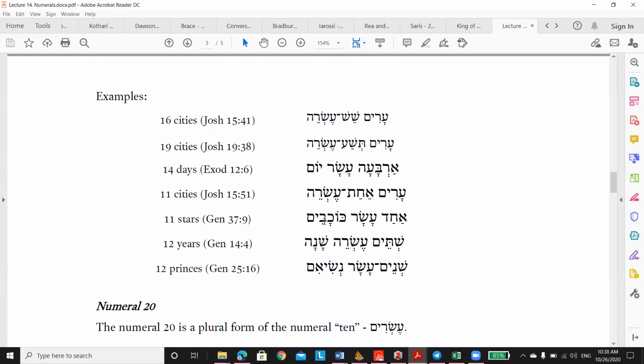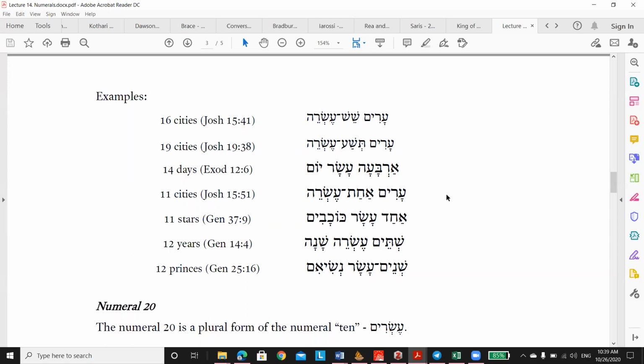So Arba'a Asar Yom, like 14 days, or it also could be said Arba'a Asar Yamim, and there is no consistency in this. Sometimes they put it in plural, sometimes in singular. Yes. Thank you for noting this, because this is important.